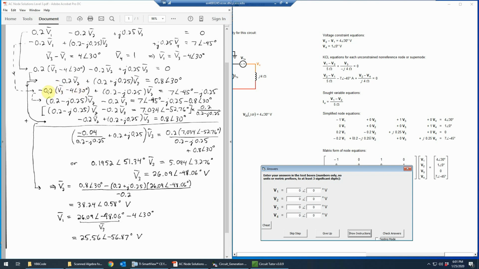So multiplying that, that just becomes 0.8 angle 30 degrees. And then I'm going to add that onto both sides, getting rid of this negative sign, therefore. No, I'm sorry, because there's 2 minus signs, that actually becomes a plus sign. So I'll subtract that from both sides, is what I meant to say. And that becomes the minus 0.8 angle 30 degrees over here, adding to what I originally had up here.